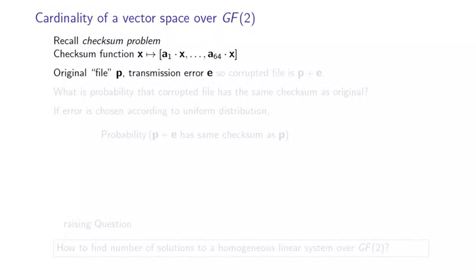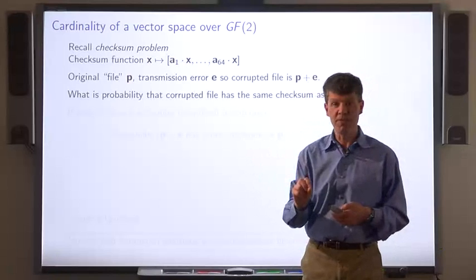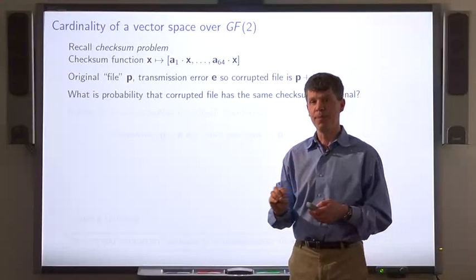Let P be the original file, and let E be the transmission error. The corrupted version of the file then is written as P plus E. And what we want to know is the probability that a corrupted file has the same checksum as the original file.